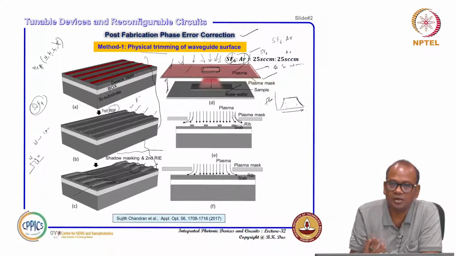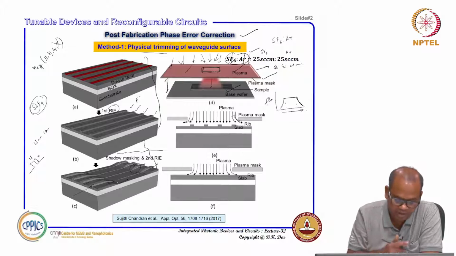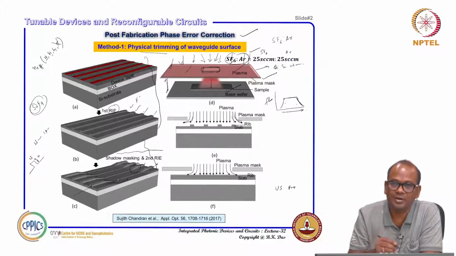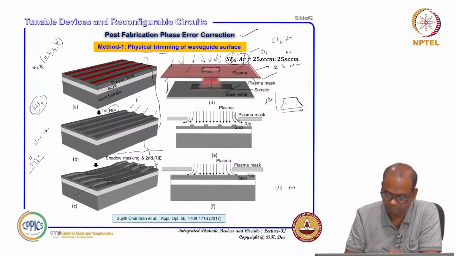This is a method we invented here at IIT Madras, and we got a US patent on it. It can be utilized for local trimming. Wherever you need a larger cross section, you can use it, and wherever you need a lower cross section, you can use that, and get your expected outcome.